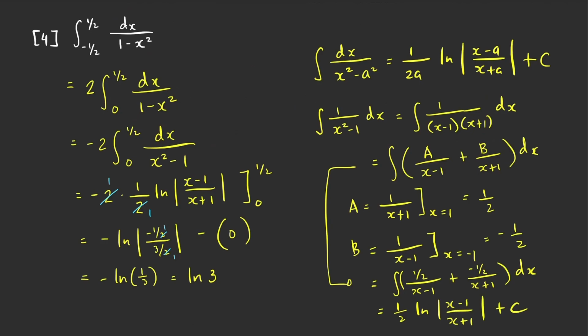I already used a property of ln here, because this gives you 1 half ln of the absolute value of x minus 1 minus 1 half ln of the absolute value of x plus 1. You can combine that into a single ln and get ln of the absolute value of x minus 1 over x plus 1. So you get the exact same thing, which is equal to ln 3.